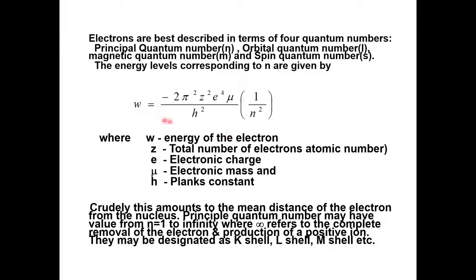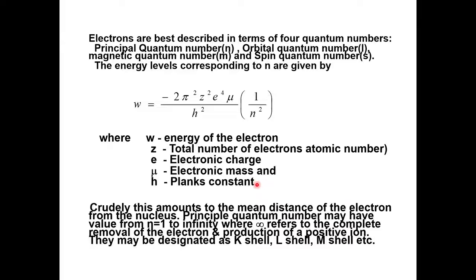W is the energy of the electron, Z is the atomic number, e is the electronic charge, mu is the electronic mass, and h is Planck's constant.